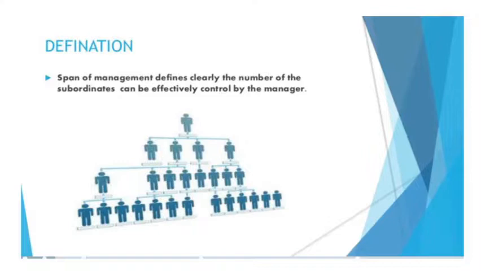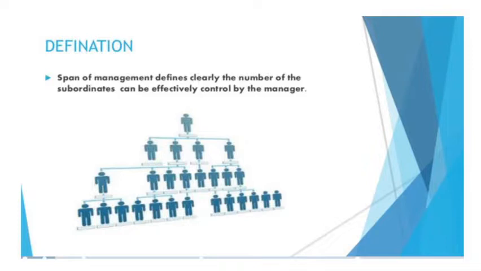It depends upon his expertise, his caliber and efficacy. They will decide how many subordinates we can allot him for supervision. Here you will find a person having control over 4.